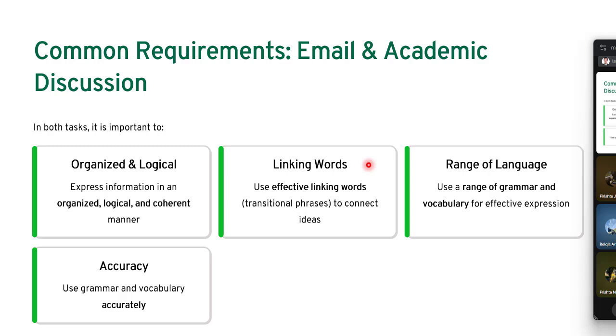So they should accurately present what we mean or what our message is. This is called accuracy: how accurately you express your message through the use of grammar and vocabulary.